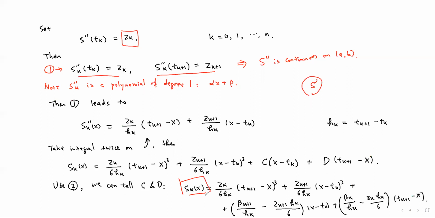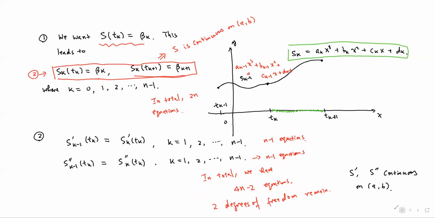So solve this linear system for c1, c2 to c n minus 1. Then plug in the result in the c here. Then we get S k, because k is from 0 to n minus 1.